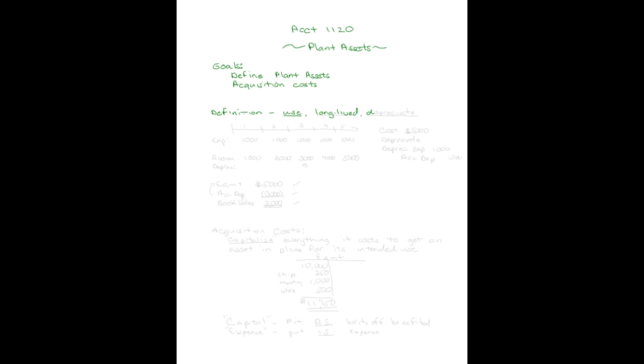Because of this, we have to depreciate them. And depreciating a long-lived asset is simply writing it off over the periods benefited. So, when we get a plant asset, say we have one and it's going to last for 5 years, let's say our plant asset costs $5,000.